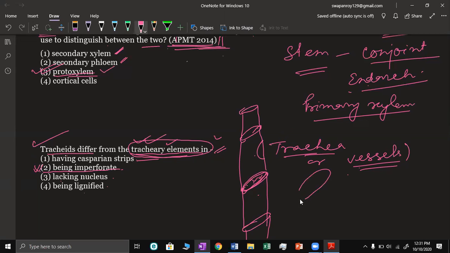Either it has a big hole or it has several large holes.